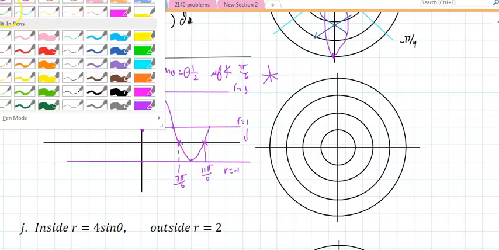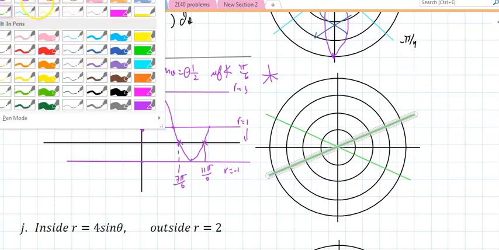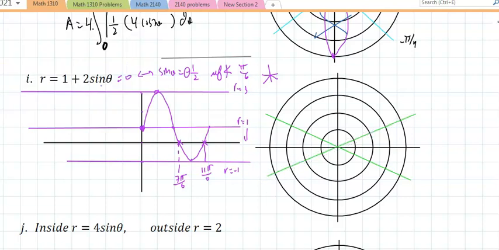So I know which lines I need to add. I need to add those two, the pi over 6 and the negative of that. Now the graph of a sine wave starts at, so we know the shape looks like this. That's, again, a rough graph, it doesn't have to be exact.